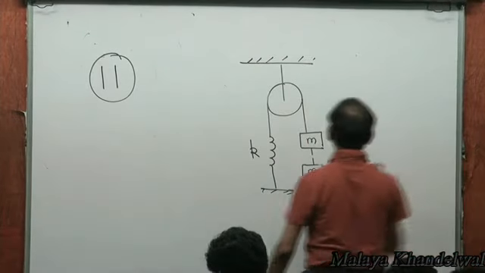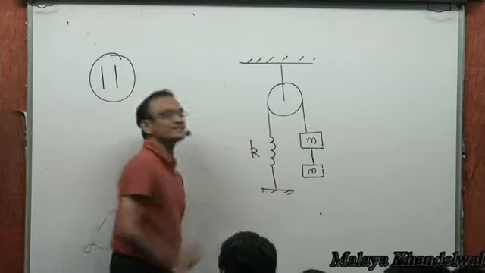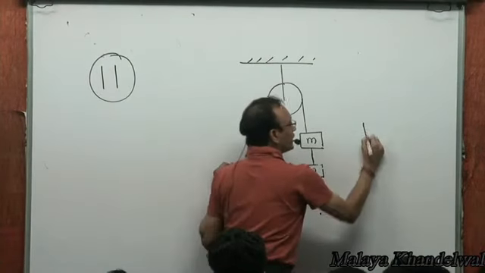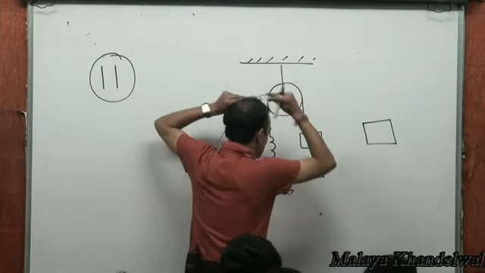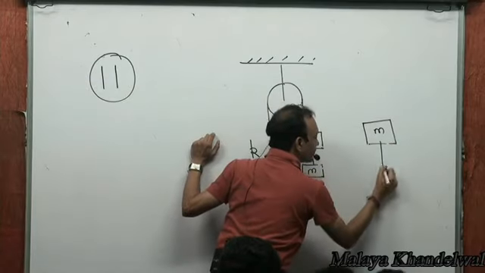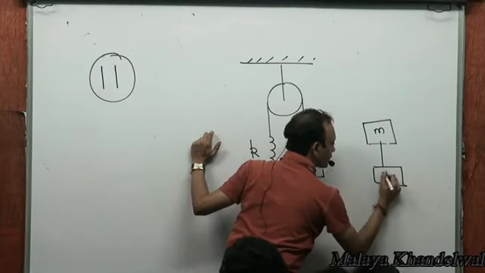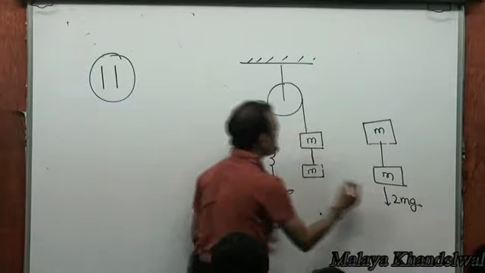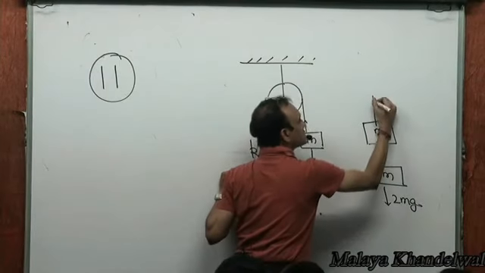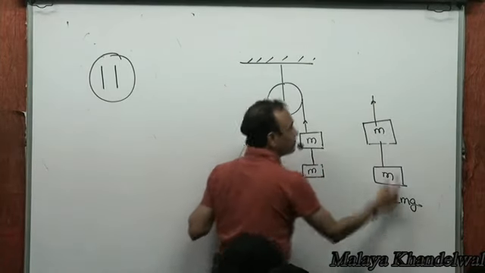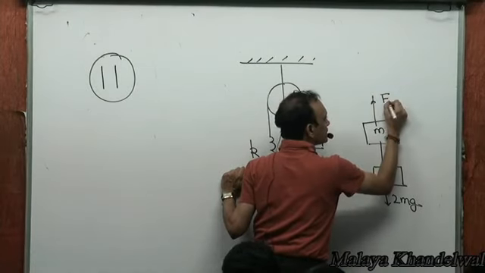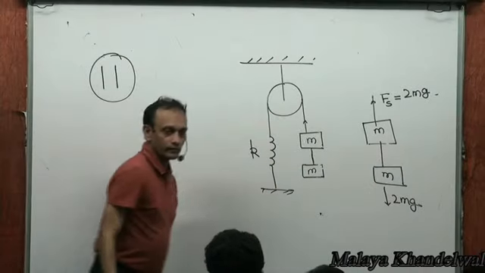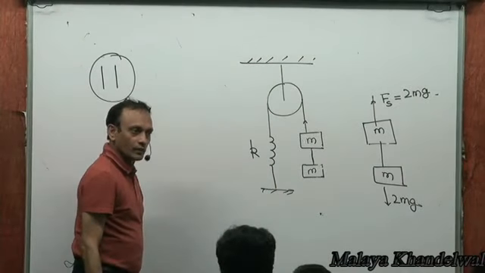Okay. So originally in this state, right, very good. If I look at the free body diagrams of these two masses, M and M, Mother Earth does 2 mg to these two masses, and there is a spring force upwards. Originally in equilibrium, spring force Fs is 2 mg, right?